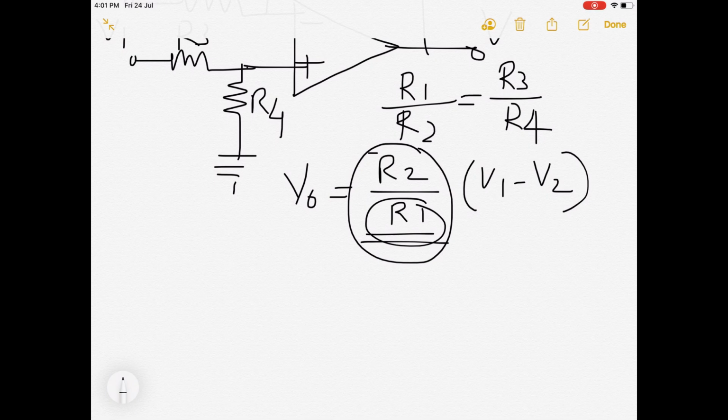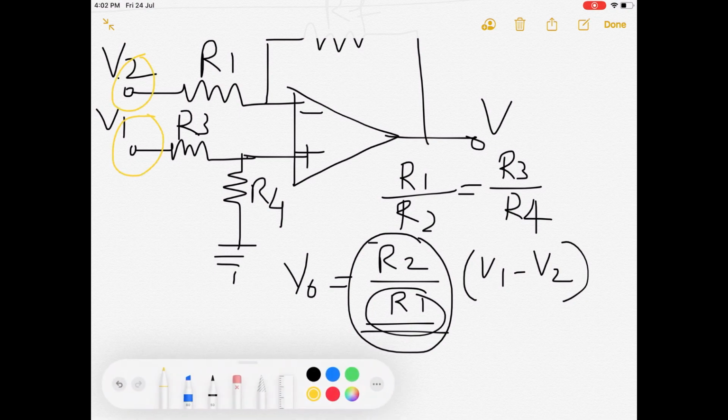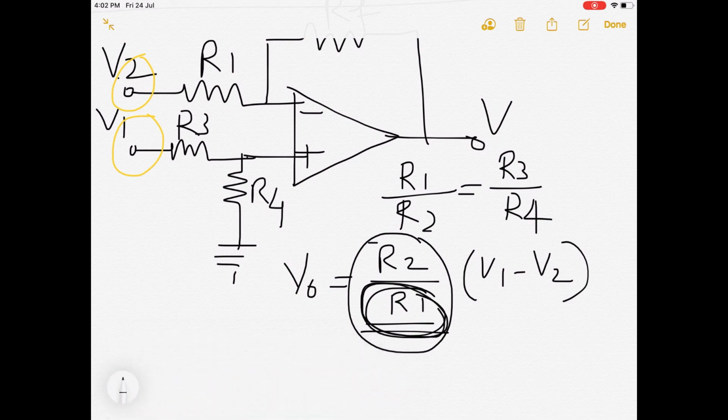This limitation is overcome by the use of a voltage follower. At which place? At this place, if we apply a voltage follower, then our problem can be solved. Which problem? The value of R1 restricts high gain values, right. So, we can use a voltage follower there.